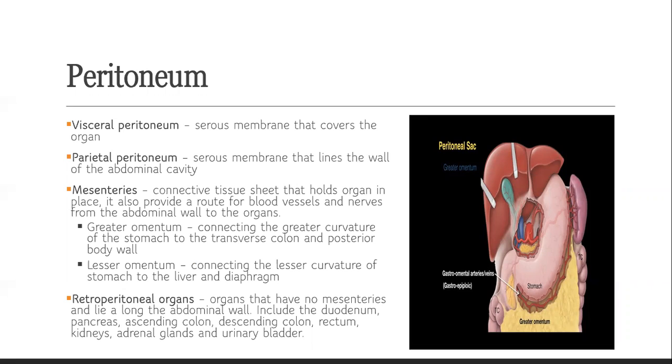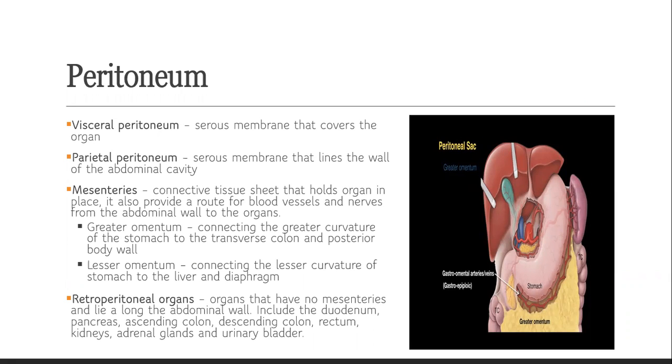There are two types of omentum, the greater and the lesser omentum. The greater omentum connects the greater curvature of the stomach to the transverse colon and posterior body wall, while our lesser omentum connects the lesser curvature of the stomach to the liver and the diaphragm.